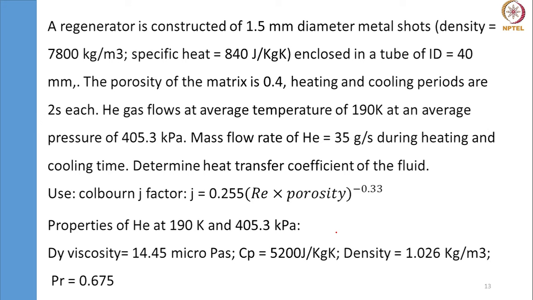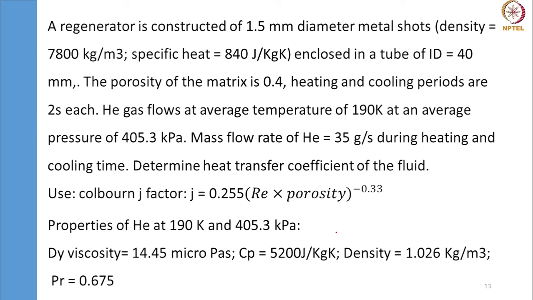It is enclosed in a tube of ID 40 mm. The porosity of the matrix is 0.4. The heating and cooling periods are 2 seconds each. They have employed helium as the fluid at an average temperature of 190 and an average pressure of 405 kilopascal or 4 bar. The mass flow rate is the same during heating and cooling, 35 grams per second.